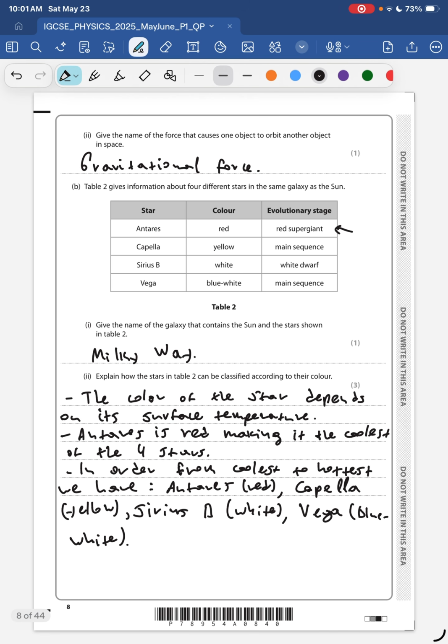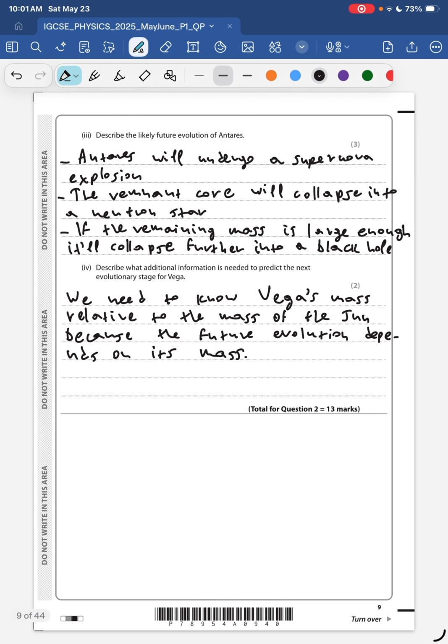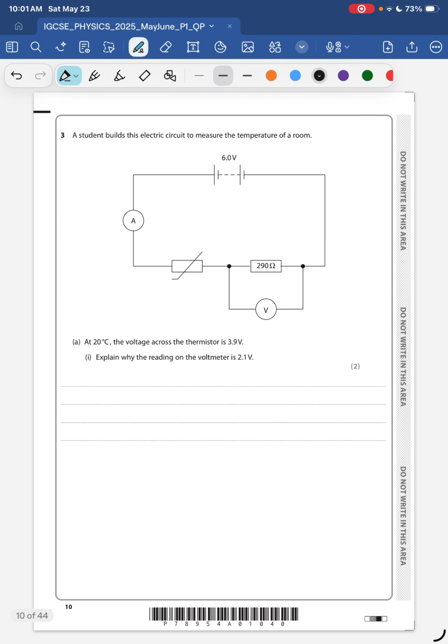So since Vega is a main sequence star that is blue, it means that it's probably a giant star, okay? But we need to know its mass to be able to tell what's going to happen to it. All right, so this was question 2. Let's move on to the next question.